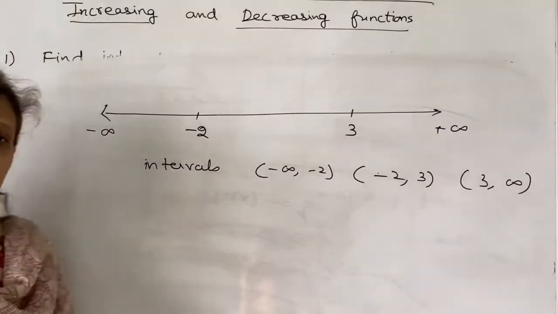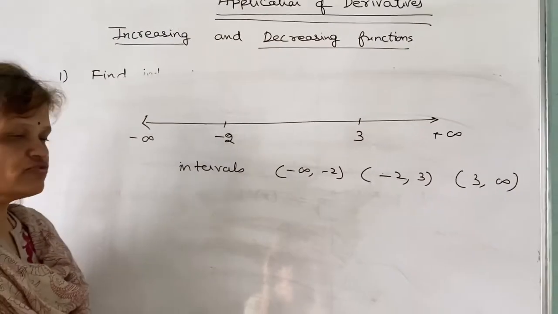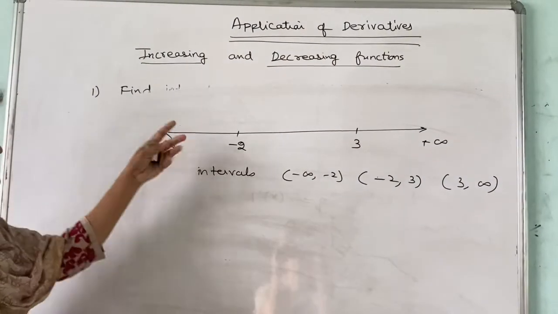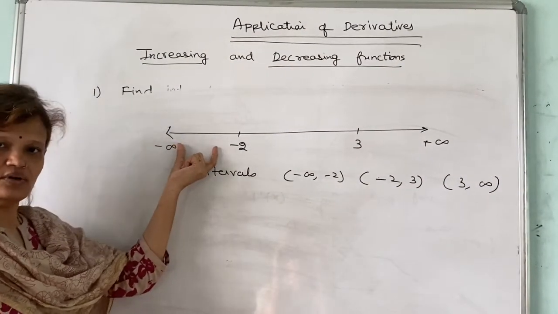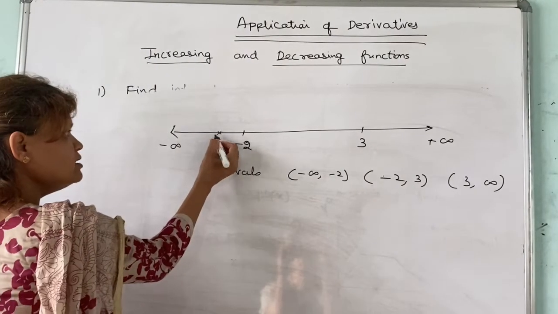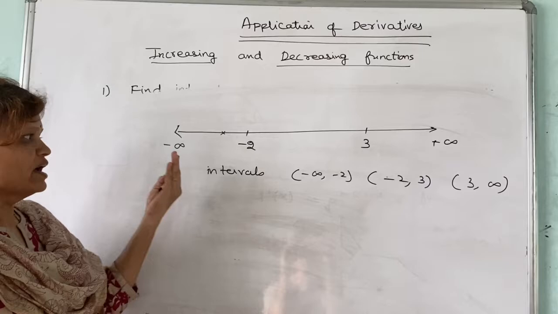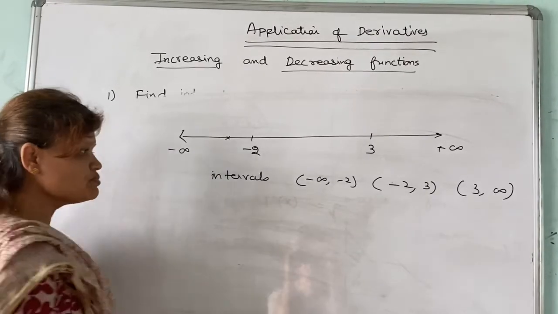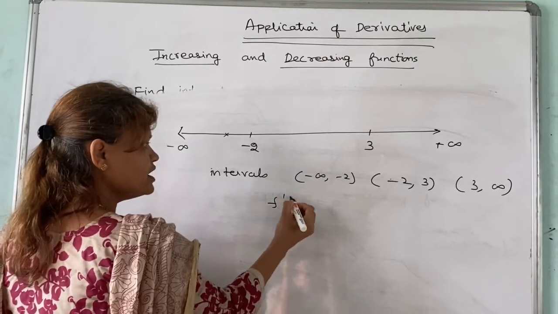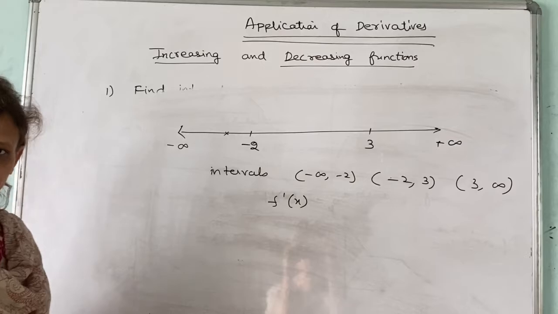Now, to determine whether it is increasing or not, first we will consider the extreme left interval. Then you can consider any point close to this line in this interval, and then you have to substitute this point in f dash x.